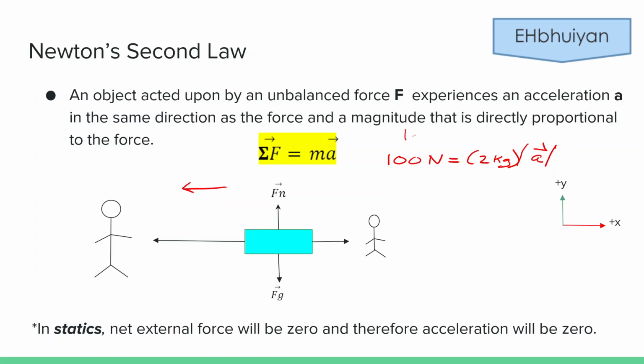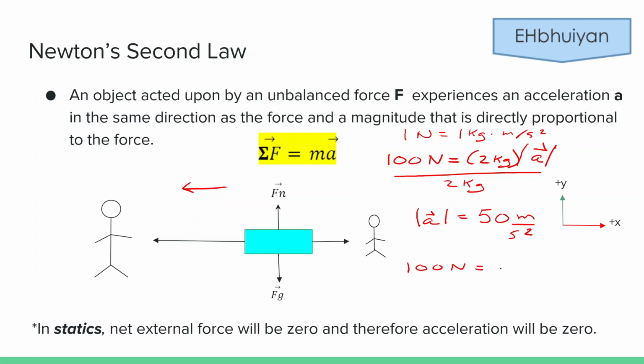And remember, 1 newton is equal to 1 kilogram times meter per second squared. So when we divide both sides by 2 kilograms, we will get that the value of the acceleration is equal to 50 meters per second squared.